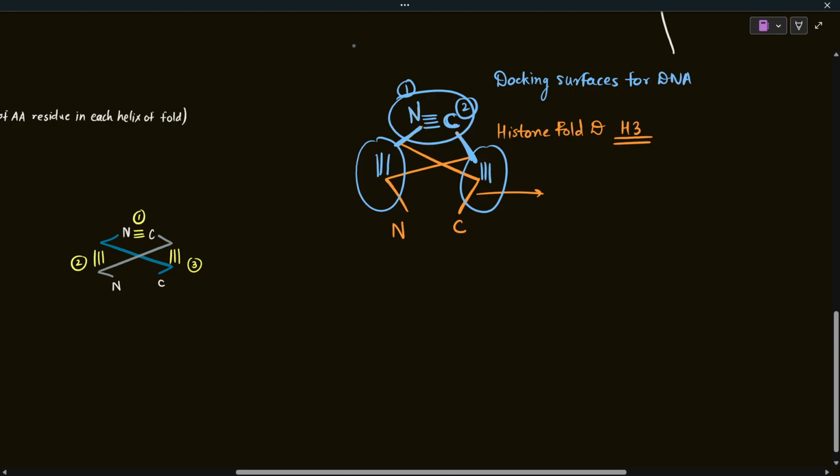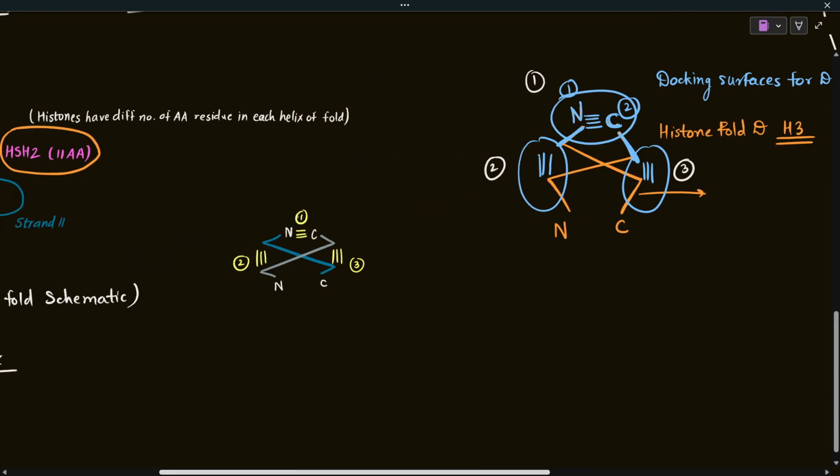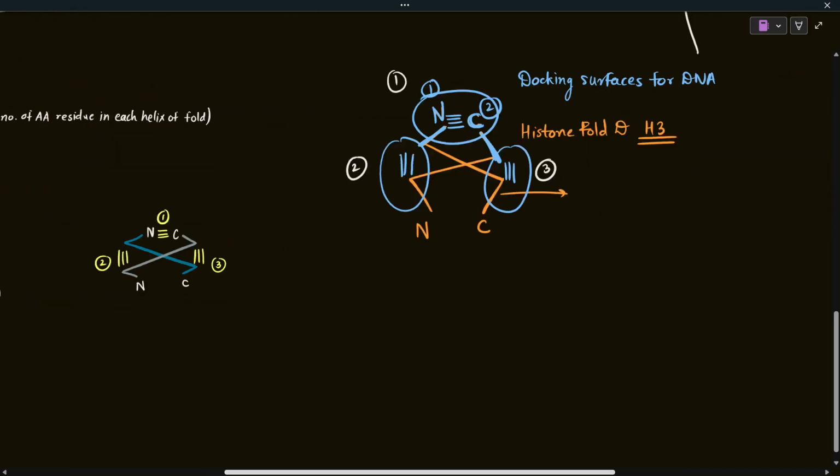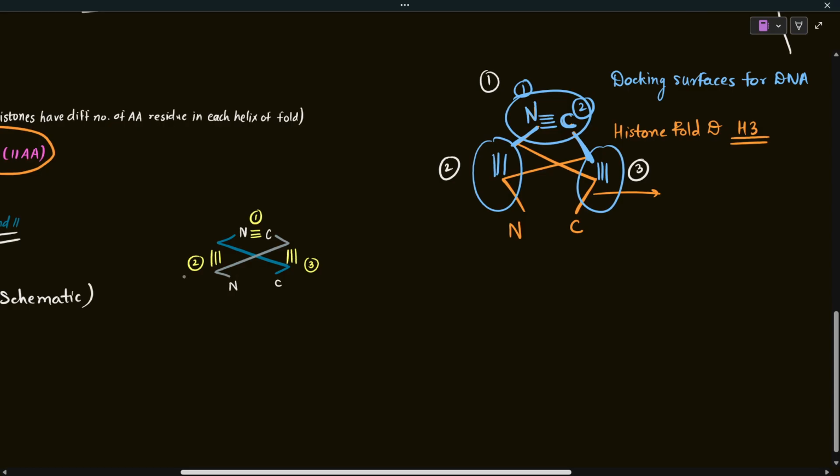So we have three docking surfaces for DNA: one, two, and three, around which DNA is wrapped. Have a look at it: you have N and C terminal interacting with each other, and those strands interacting with each other. So you have one, two, three docking surfaces over which, assume this is DNA.